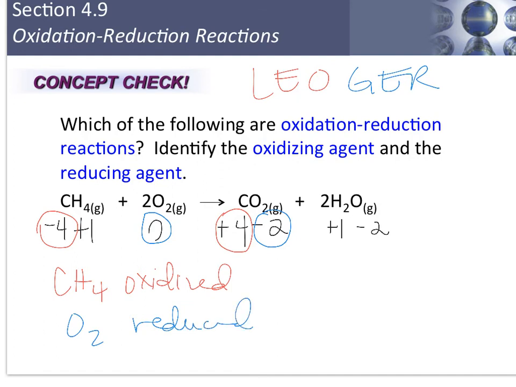We now know this is a redox reaction, and we can identify the oxidizing agent and the reducing agent. The reducing agent is an electron donor. And we can see that the oxidation state for the carbon has gone from -4 to +4. So we can say that the methane, the CH4, is the reducing agent.